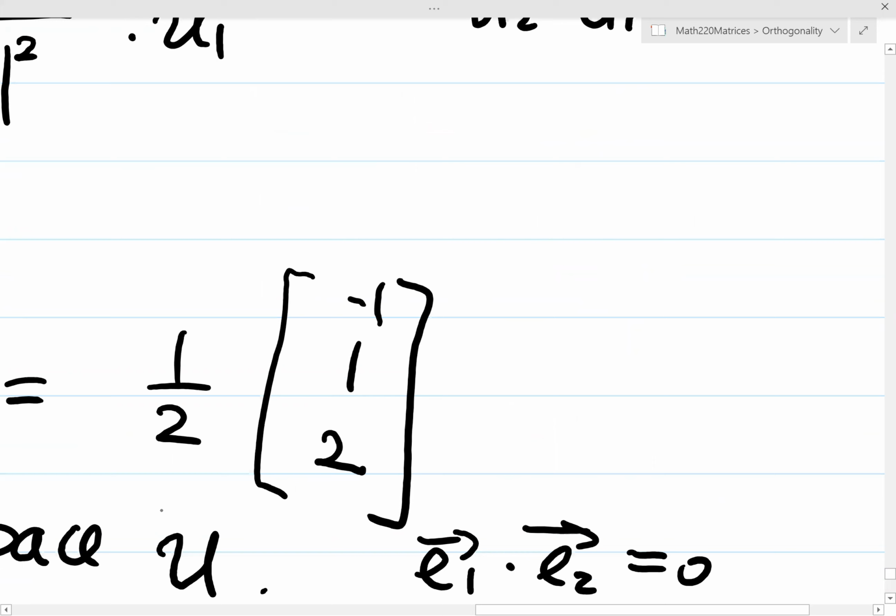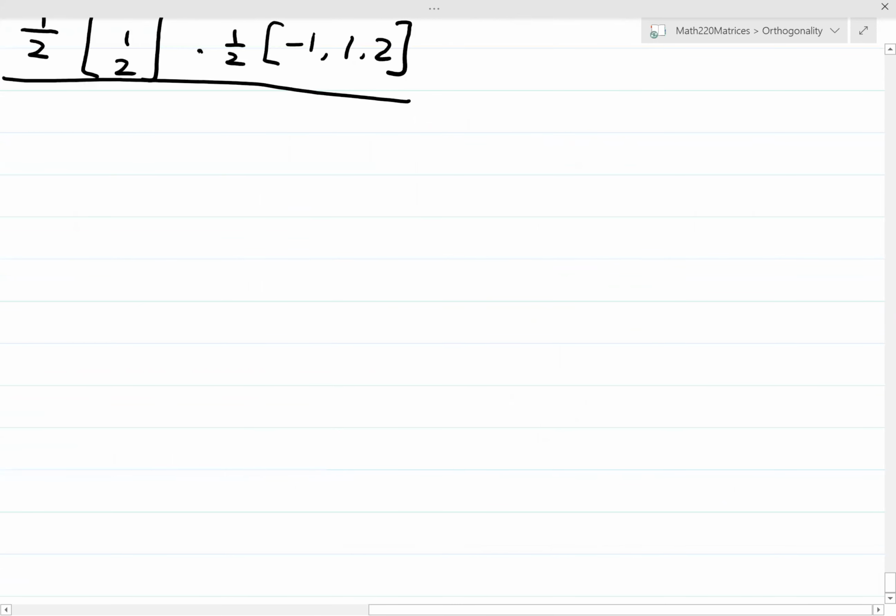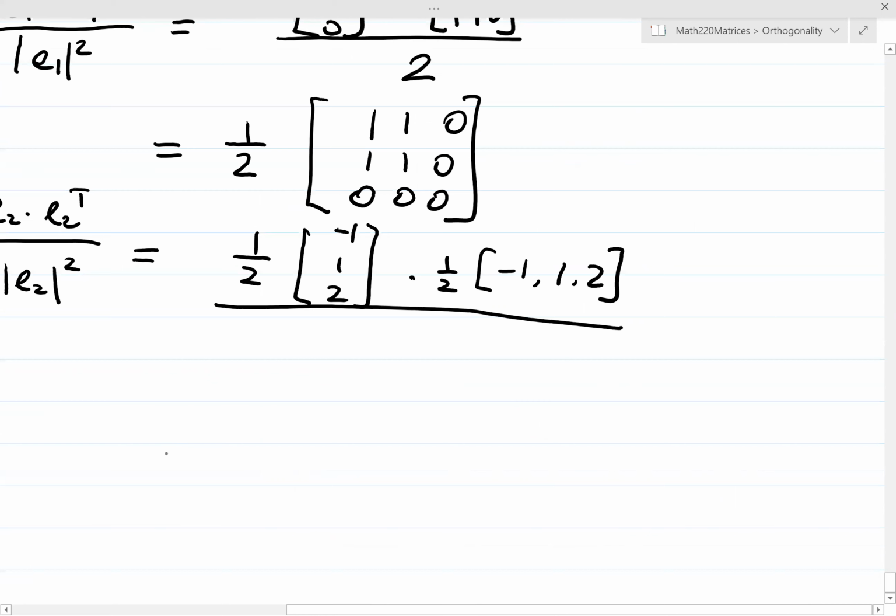We can find its norm easily: 1/2 squared, which is 1/4, times (-1) squared plus 1 squared plus 2 squared. If you work this out, the 1/2 times 1/2 cancels this 1/2 squared, and you finally get 1/6. Now the matrix multiplication rule, column times row.